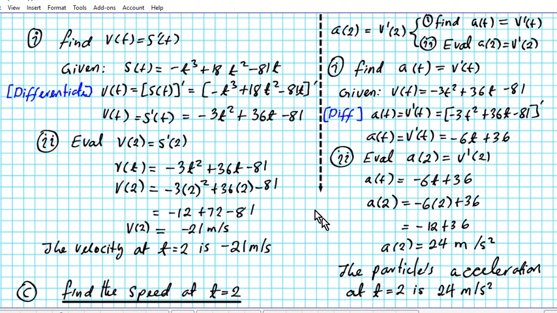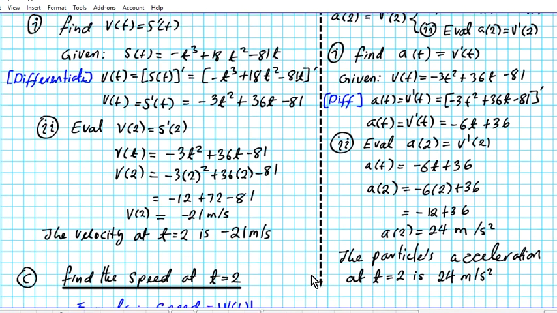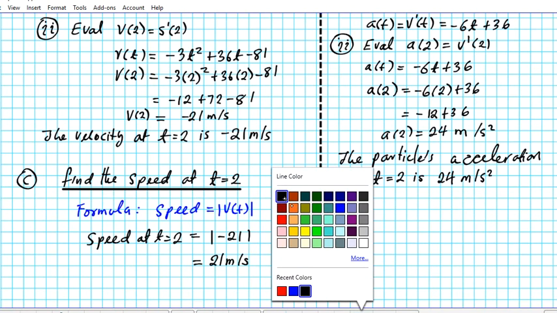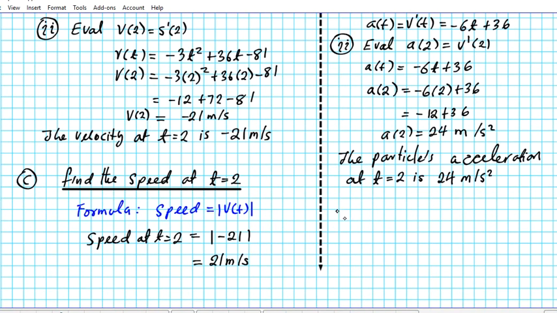Now the last question: is the particle speeding up or slowing down? All we have to do is compare the signs of the velocity and acceleration at t equals 2. If the signs are different, the particle is slowing down. If their signs were the same, then it's speeding up. So for part E, we know that v of 2 is negative 21 and a of 2 is 24.